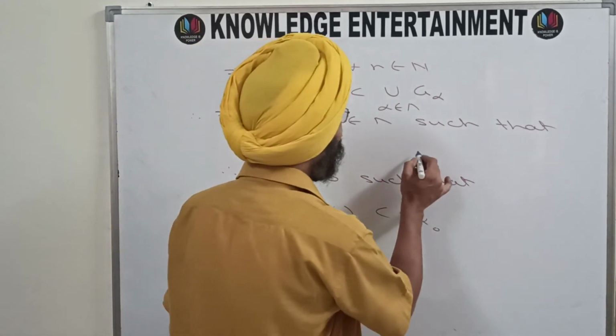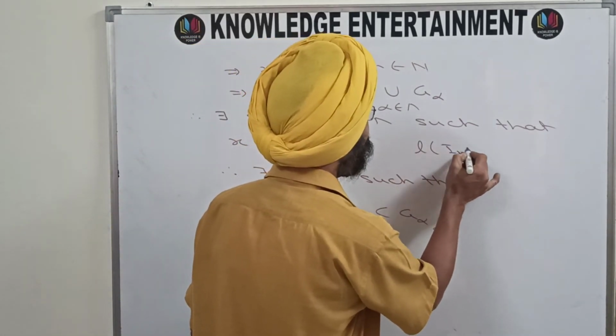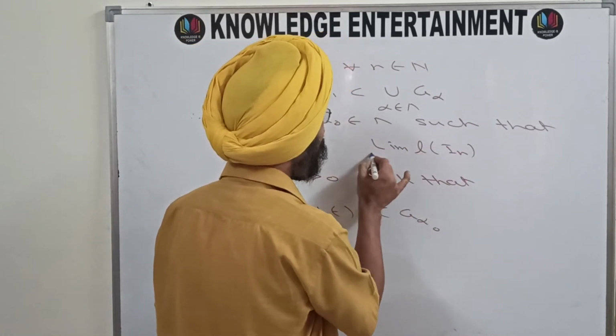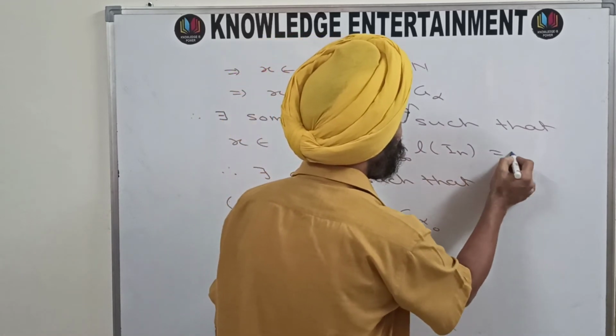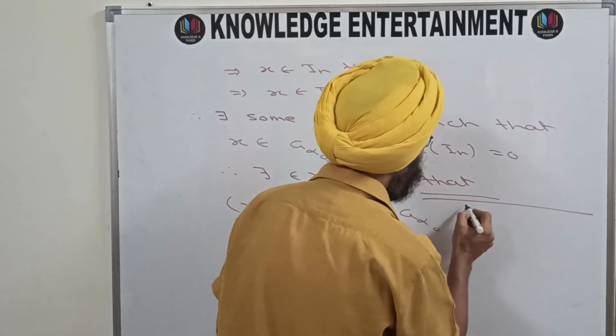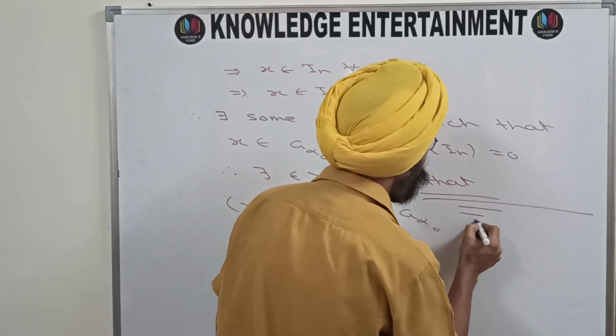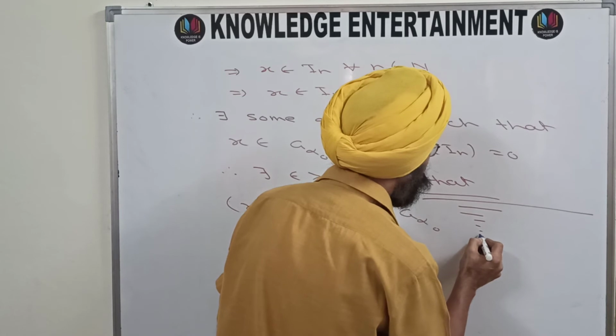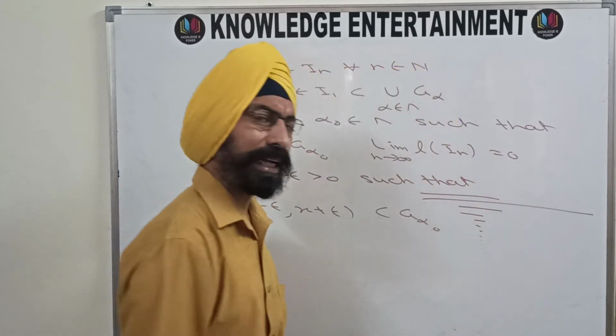Also, the length of In as n approaches infinity is 0. That means your interval In is continuously shrinking. It is going smaller and smaller at every step.